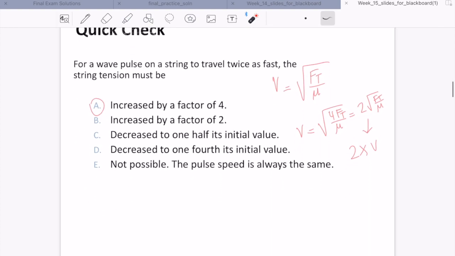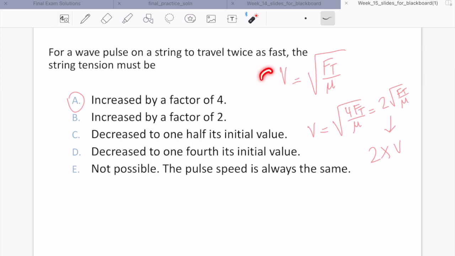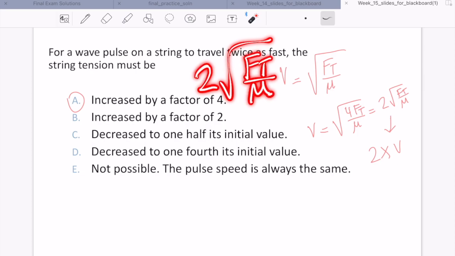So if we were to ask for a wave pulse on a string to travel twice as fast, the string tension must be what? If I wanted 2 times the speed, well, my speed is the square root of force of tension divided by linear density, so if I want 2 times that, then a 2 outside of the square root would be 4 inside.